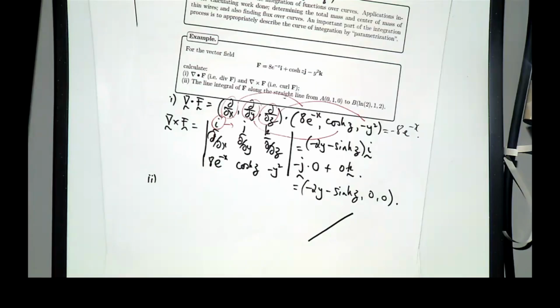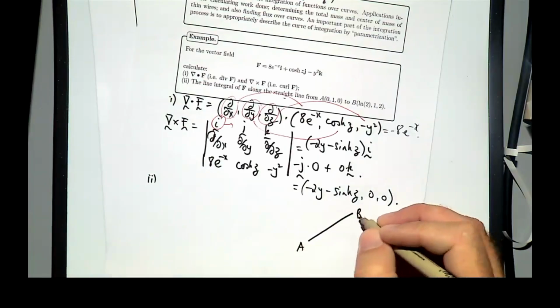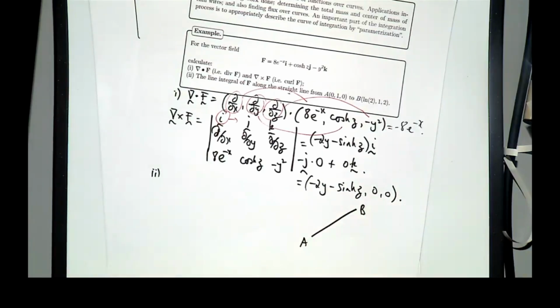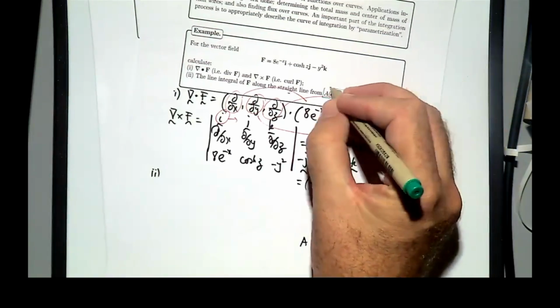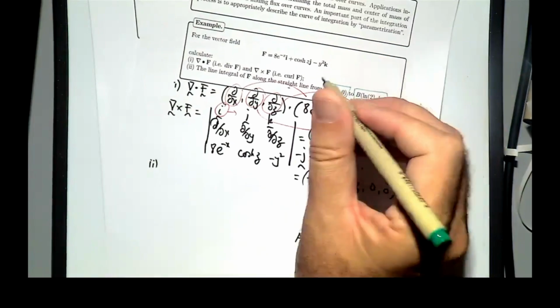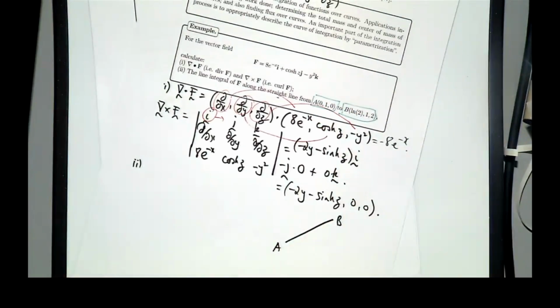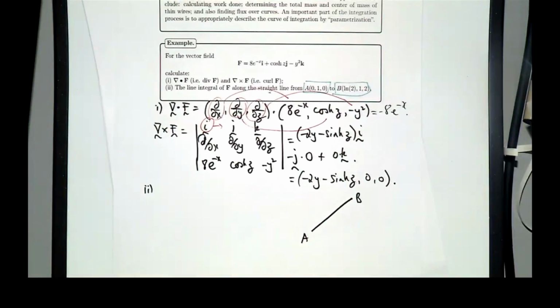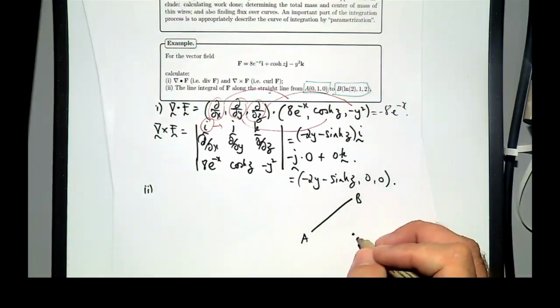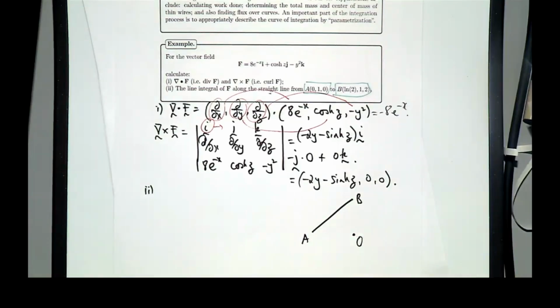The picture doesn't have to be accurate, but let's just see. Okay, so I've got 2 points, A and B. I don't draw in the axes, so that's going to be A, that's going to be B. And I'll draw in the origin.